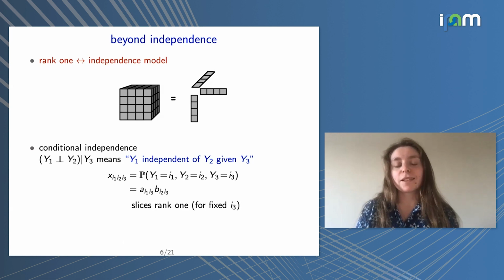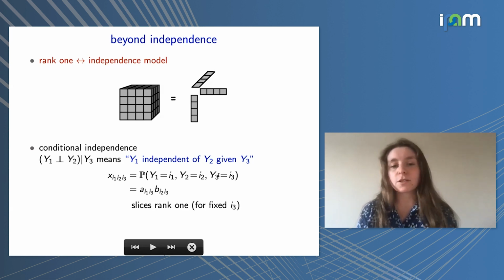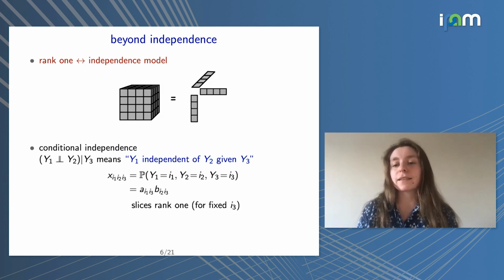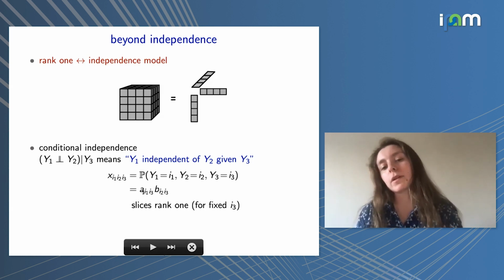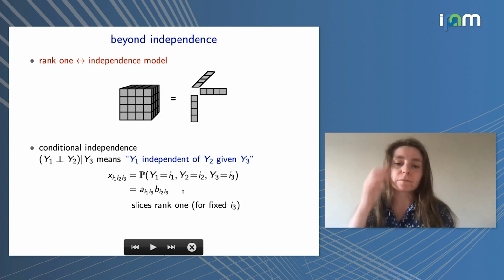Okay, so what does this condition tell us about our tensor of probabilities? Well, we have x_{i1,i2,i3}, the joint probability that y1 is in state i1 and so on. This conditional independence statement tells us that the entries of this tensor can be written in this factored form, as a_{i1,i3} times b_{i2,i3}. And we can see that if we fix the value of i3, then this gives us something rank 1, just the outer product of two vectors.